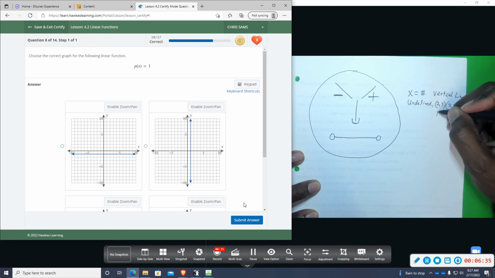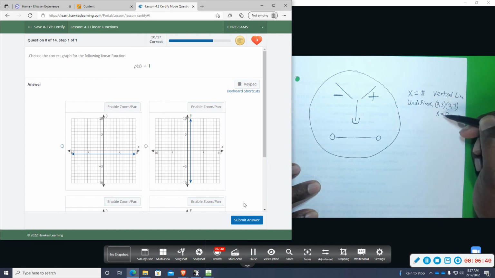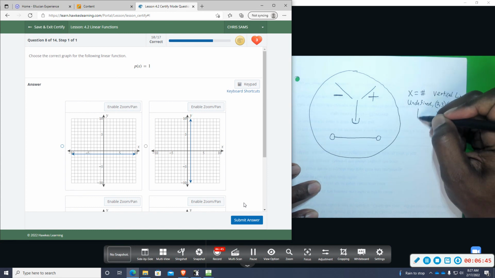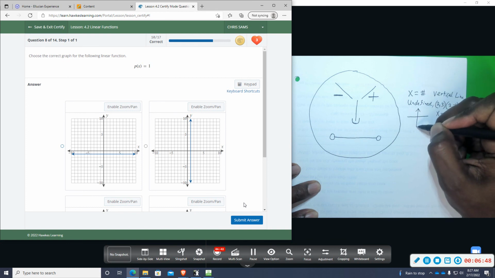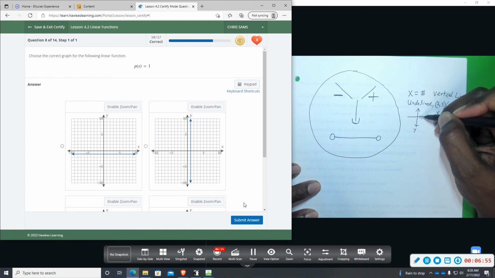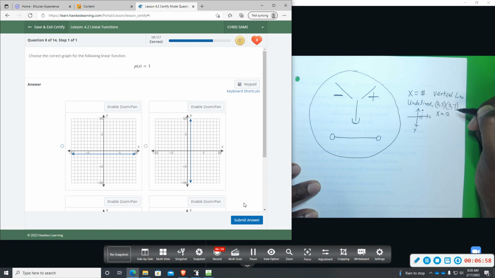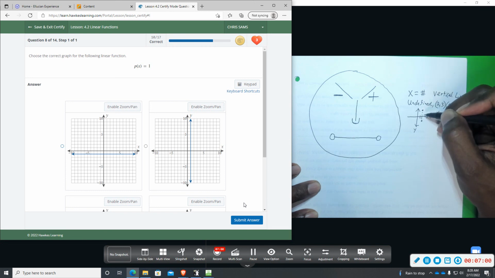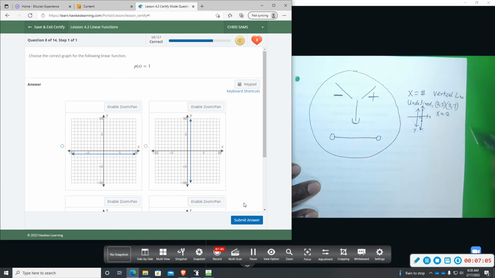So in this example, your equation would be x equals 2. This line would only cross the x-axis. That's the only variable that you see, and it would cross at 2. So if I had x and y, this is y, this is x. This would be 1, 2, and that line, let's say 2, 1, 2, 3, and then 2, -1. They would just be on a straight line going up and down like that. So this is the undefined, x equals a number equation.